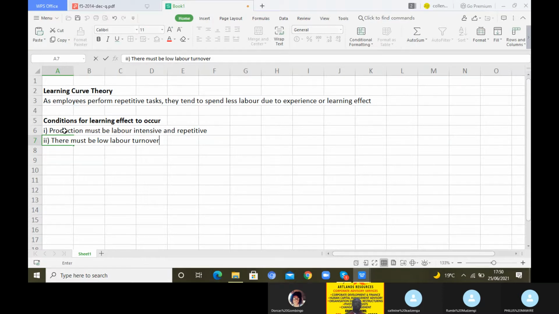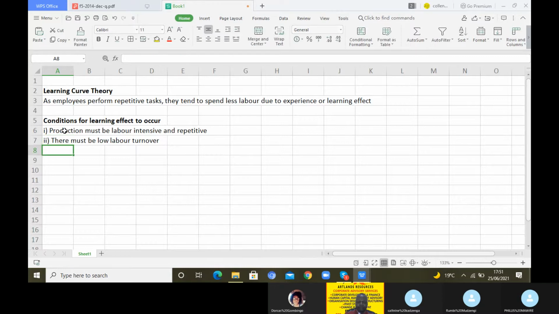So if you are hiring new employees, you have to train them, so you don't benefit from learning. As employees become more skilled, they leave the company and you have to hire new employees and repeat the procedure again. You get that? So there should be low labor turnover.